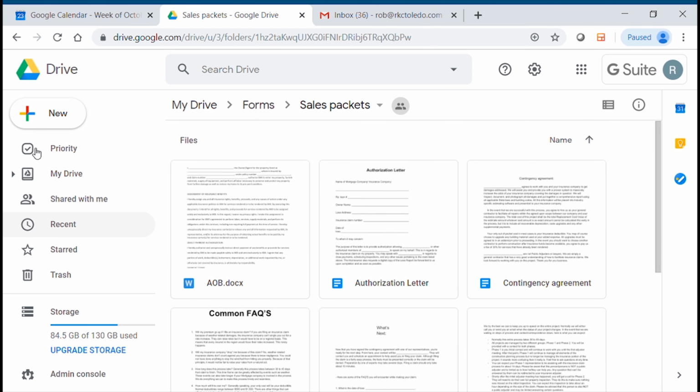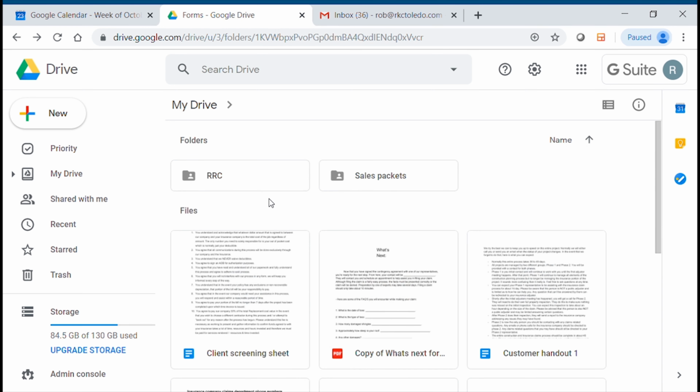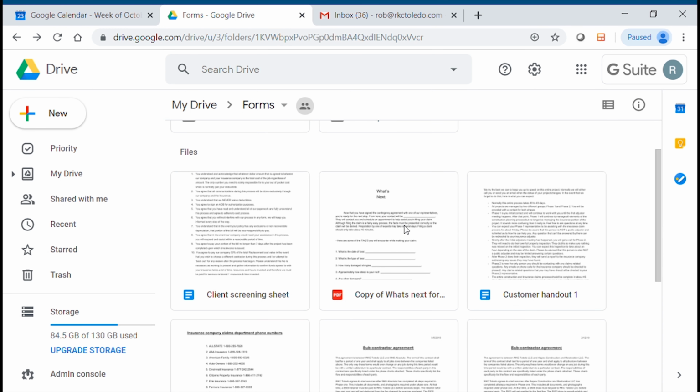So if we get out of the sales packets and go back to the general forms, the client screening sheet. This is something I developed in the past year, and it's so important because when you go through this sheet, it's going to identify whether or not the client is going to be a problem farther down the road.